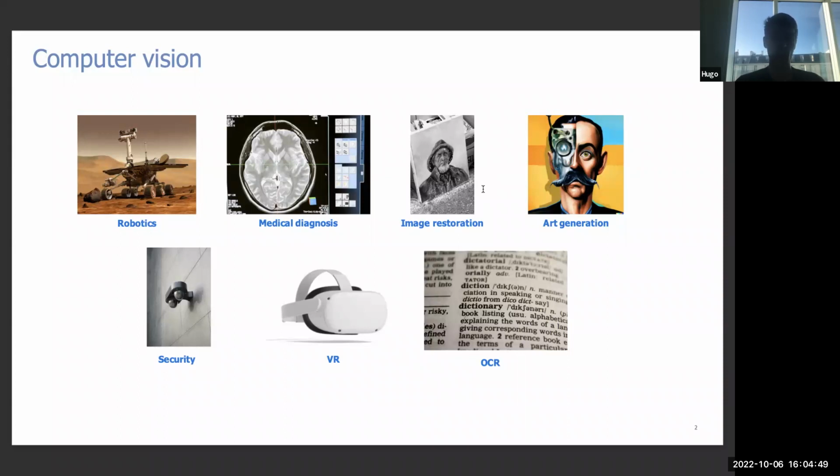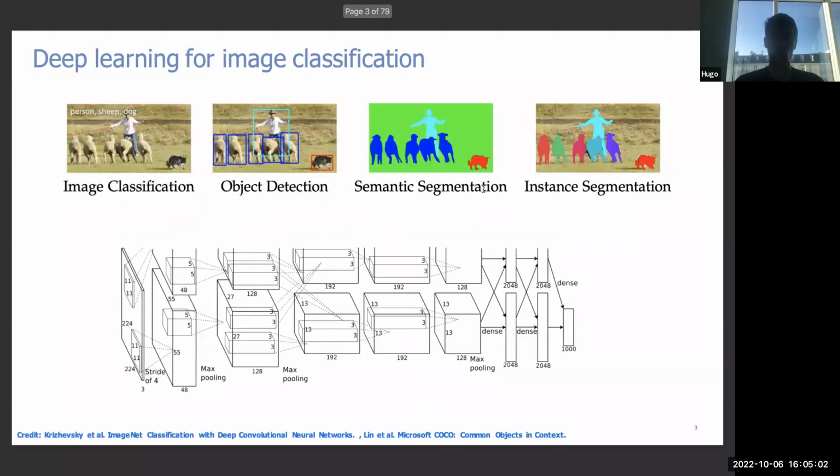There are a lot of applications of computer vision, for instance, in robotics, medical image diagnosis, image restoration. So the applications of computer vision can be very diverse. But from a research perspective, generally, we have 4 different tasks: image classification, object detection, semantic segmentation, instance segmentation.